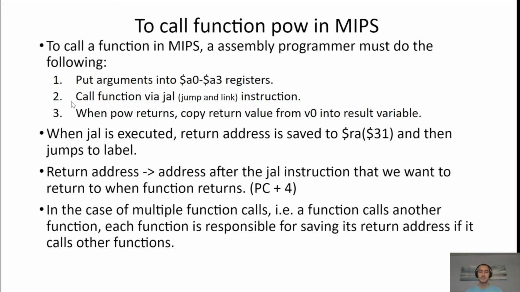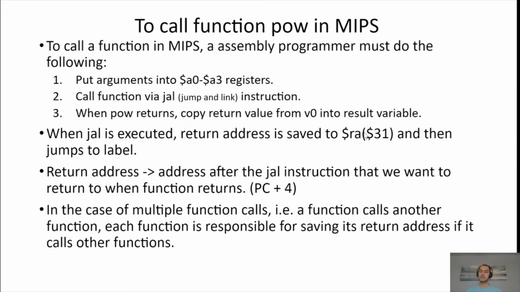The second step is that you use the JAL instruction. JAL stands for jump and link. This does a few things. Basically, as explained here, it does two things. The first thing, it's going to save the return address to register 31, or register RA.